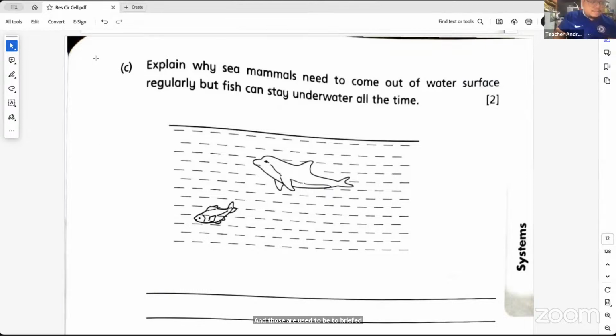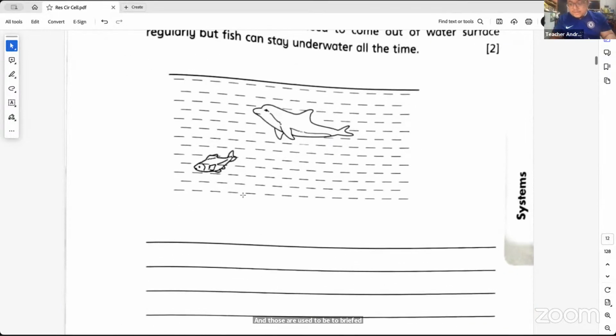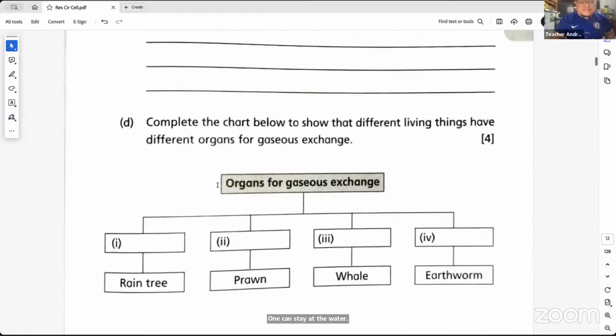Very good. That's right. Sea mammals need to come out of the water to breathe in oxygen from the air with their lungs, whereas fish have gills to take in the dissolved oxygen in the water. That's why one must go up and one can stay underwater. All right, thanks, Stella. Let's carry on.